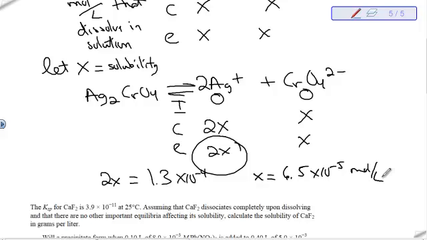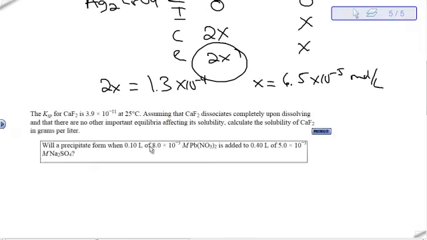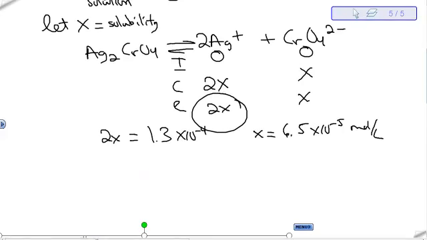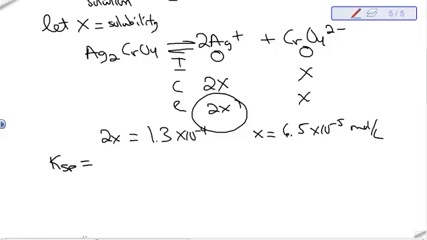In addition, we can substitute into the law of mass action, the KSP expression. Let me move these out of the way for us. That'll be in the future. So we can substitute into that KSP expression for silver chloride, or excuse me, silver chromate. The KSP expression for that one would be the silver ions to the second power, chromate to the first power.